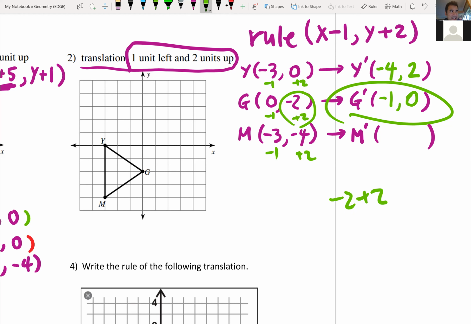That's a 0, isn't it? Yeah? That's all right. And then how about M? Everybody give me the coordinate for M prime. 2 numbers. What would that be? Everybody, what's M prime?